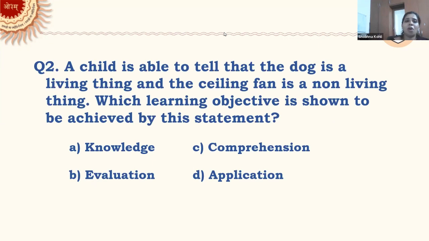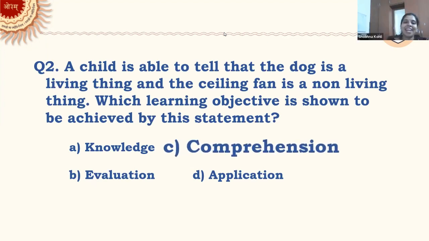Knowledge is just recalling the basic concept, right? Comprehension. Understanding. He knows the dog is a living thing and the ceiling fan is a non-living thing. So he's understanding what is a living thing and what is a non-living thing. Then only he is able to connect.